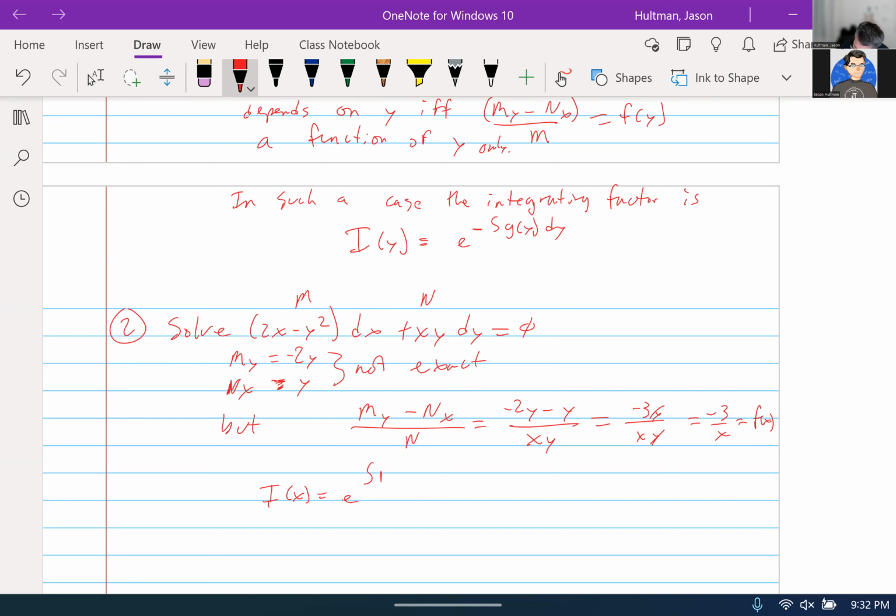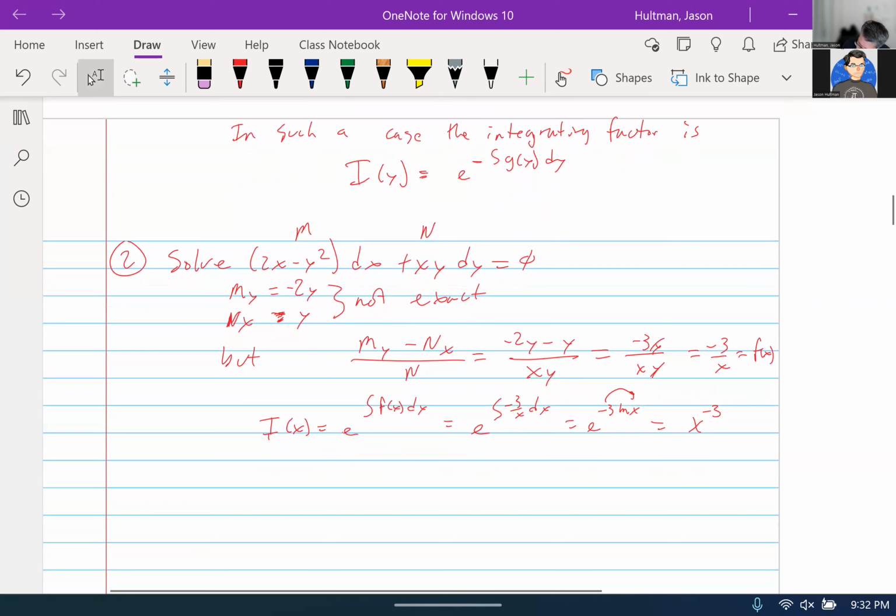So this is going to be f of x dx, which is e to the integral of negative 3 over x dx. So pull the negative 3 out, that's a natural log. That's e to the negative 3 natural log of x. So that's just going to be x to the negative third power, after the natural log and the e cancel out.